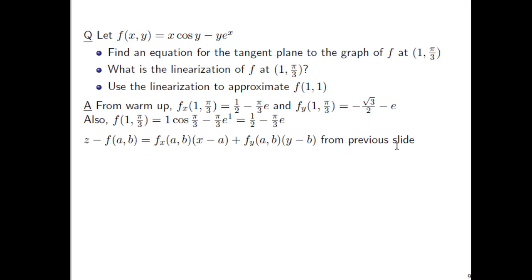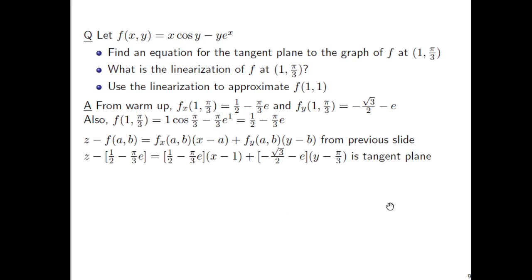All of these things can be put together to create the equation of the tangent plane. This is the general form of what the equation of a tangent plane looks like. Now we just need to plug in the pieces. So we have z minus this z value of 1 half minus pi over 3 times e in square brackets equals the partial derivative with respect to x, something like a slope.